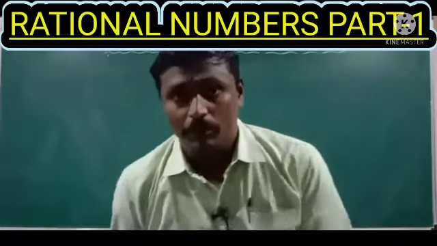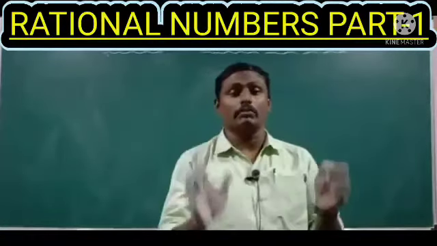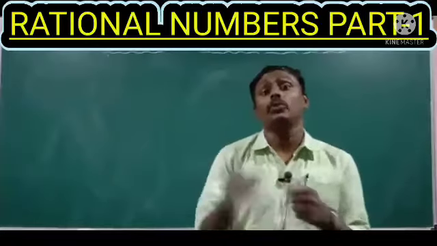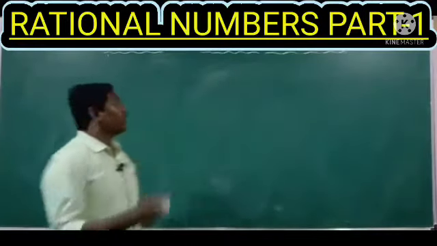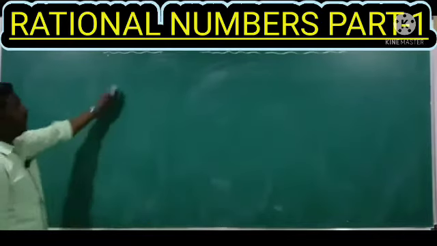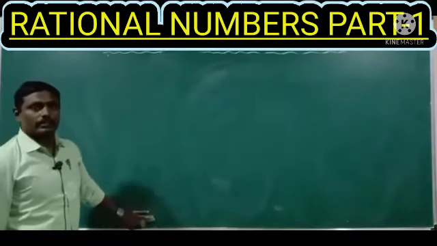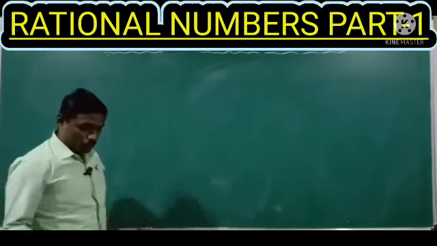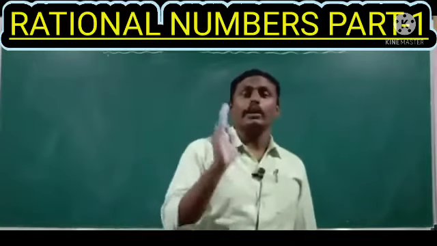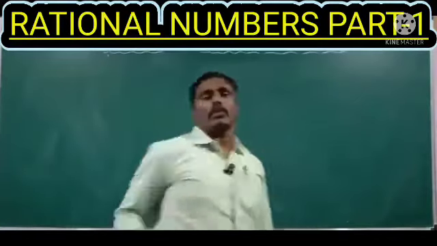Already told you, you can write infinite rational numbers between any two given numbers. For example, now here I am taking three examples and showing you how you can write infinite rational numbers.